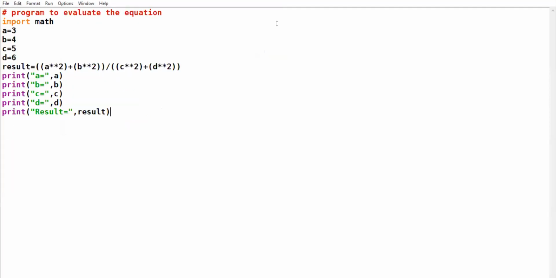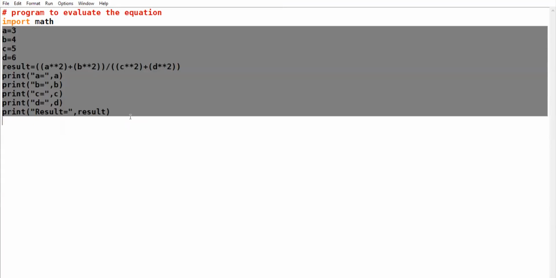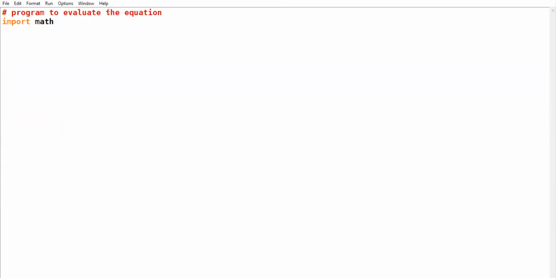Okay. What I'm going to do is A, B, C equal to 10, 12, 14. A, B, C equal to 10, 12, 14. Am I clear?